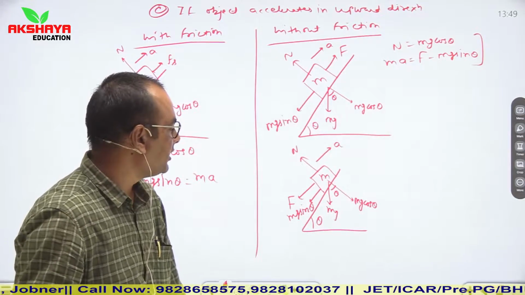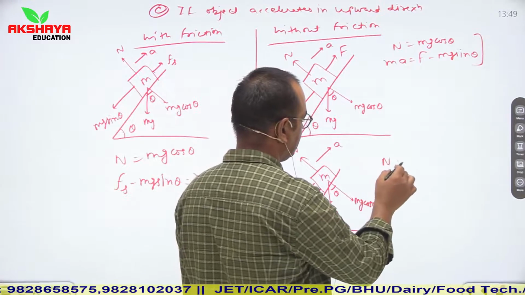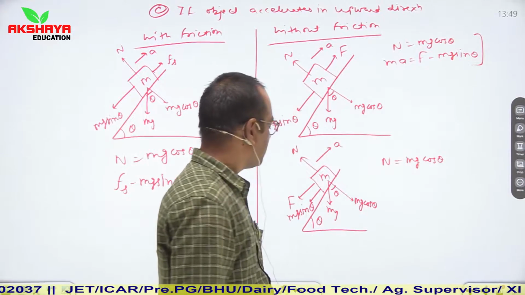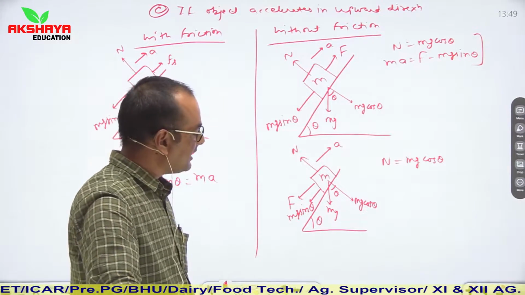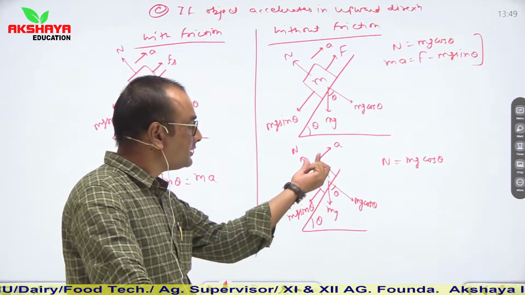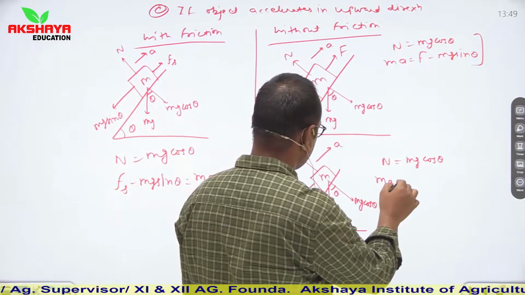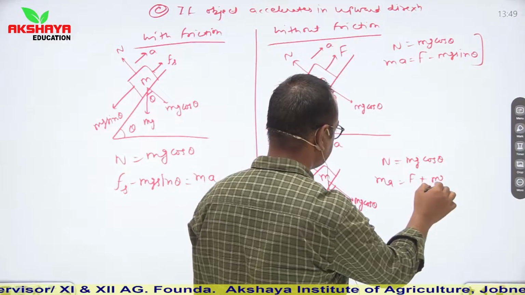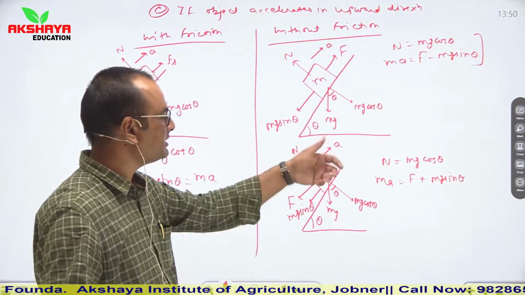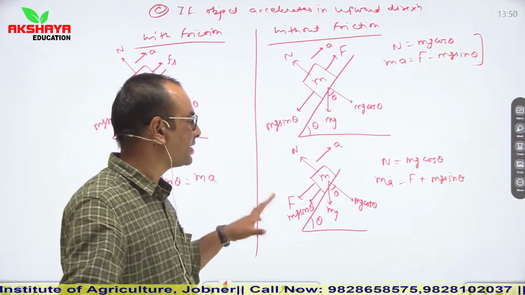It means in this condition, N is equal to mg cos theta. Now see, F and mg sin theta both are acting in the downward direction and it is accelerating in the upward direction. So this acceleration will be negative here. So we can say that ma is equal to F plus mg sin theta. Both are in a similar direction. So negative means this object will always move in the downward direction. ये सिंपल कॉन्सेप्ट हो गया बच्चों यहाँ पर.